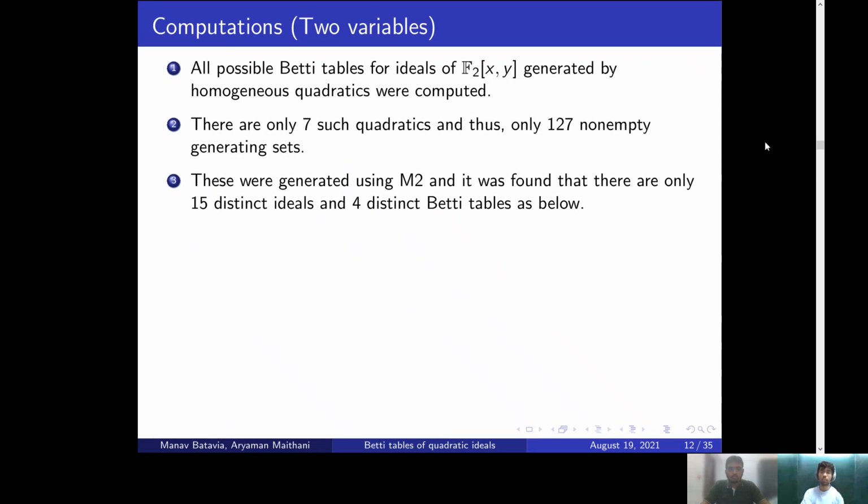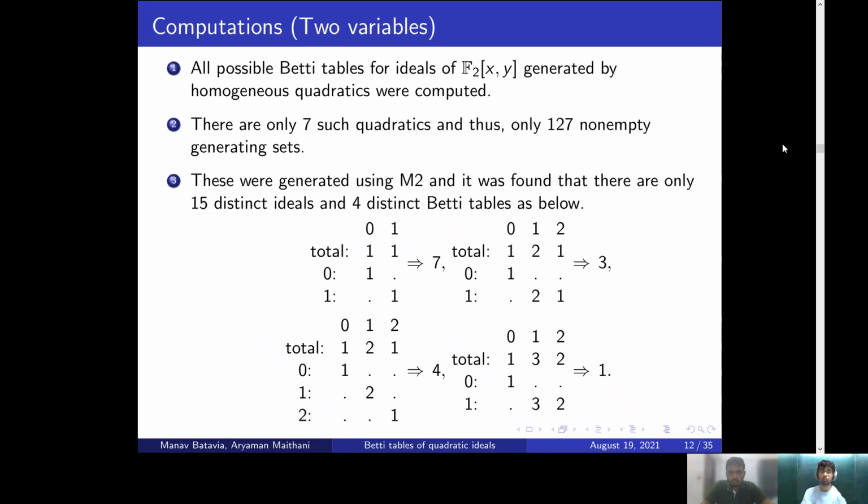Then we generated all of these ideals using Macaulay2 and found out that even though we have so many possible generating sets, there are only 15 distinct ideals. And this corresponds to only 4 distinct Betti tables. So these are the 4 Betti tables which we get. The number after them represents the number of times that they were repeated.